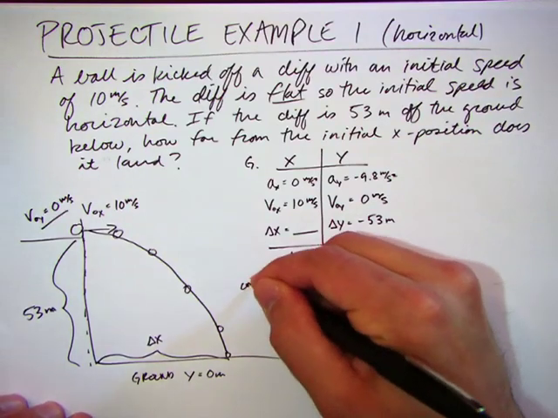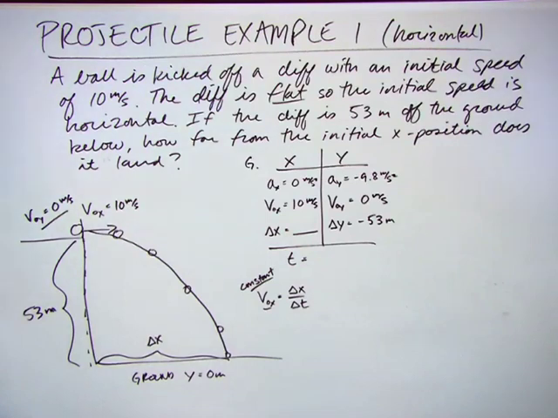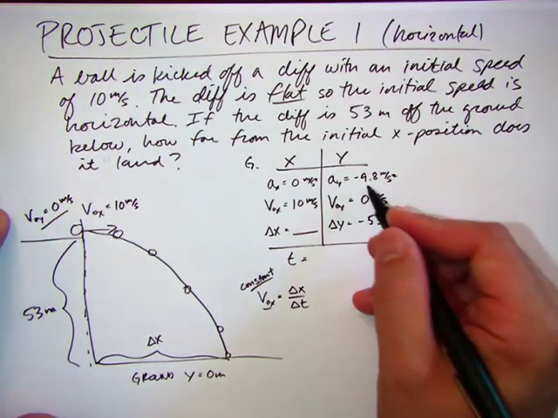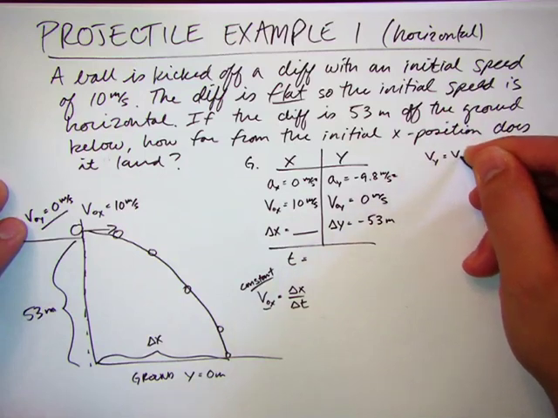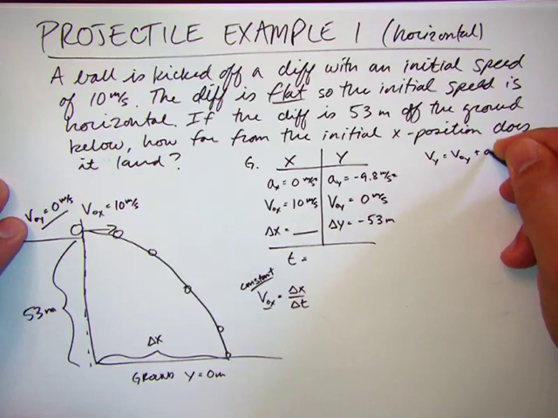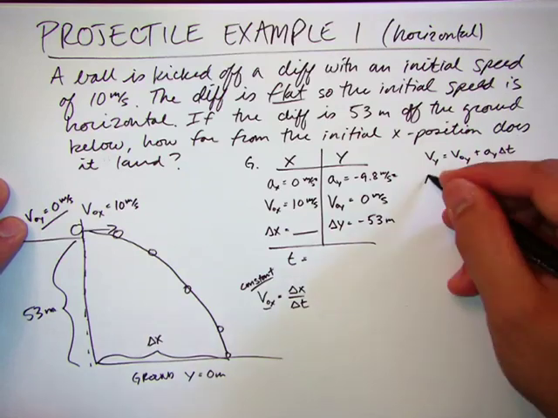There's nothing accelerating it in the x direction. So this is the only equation that will apply for the x direction. Now in the y direction, I have constant acceleration motion, so I'm going to use my constant acceleration equations. And notice I added in the y subs and the x subs, so we can keep those straight.